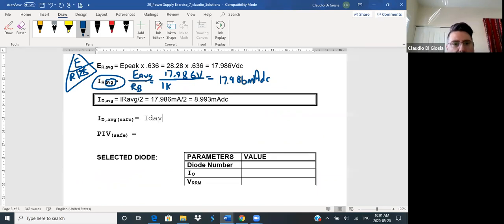ID average, multiply by the safety factor. So 8.993 milliamps multiplied by 1.4, which gives us 12.59 milliamps DC.